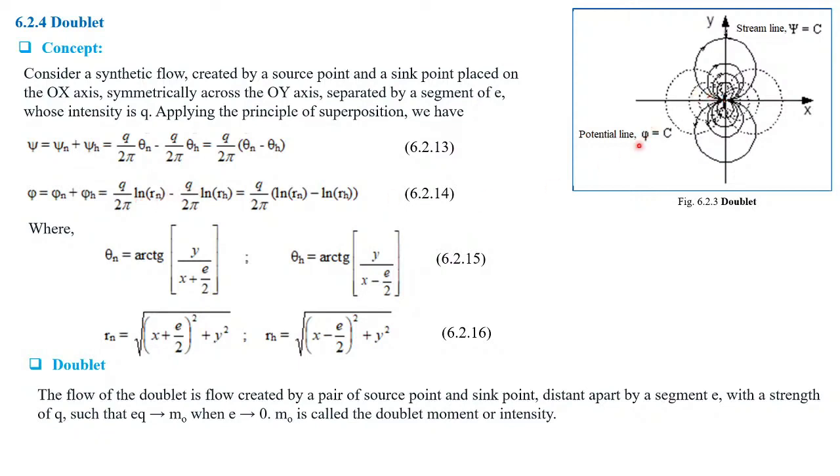The first one, we have the source from the left moving to O, and the sink from the right of the y-axis moving to O. Therefore at O we have two kinds, source and sink here.